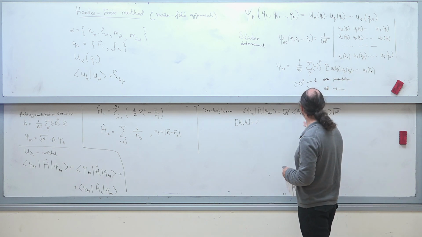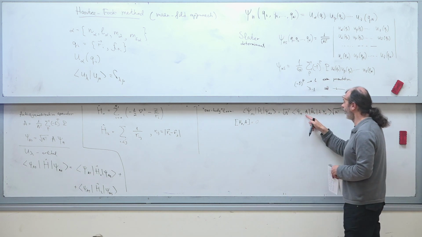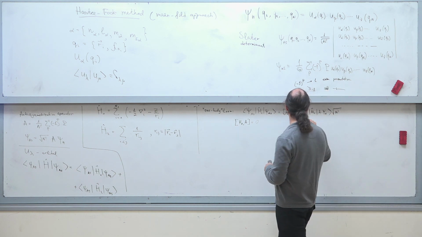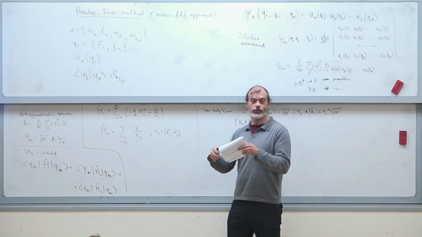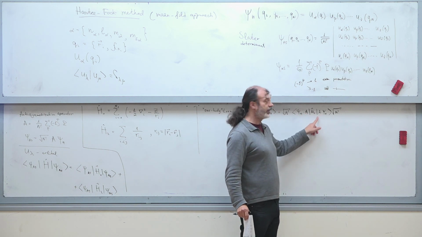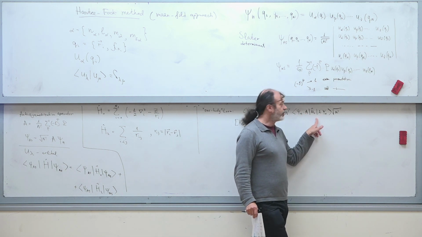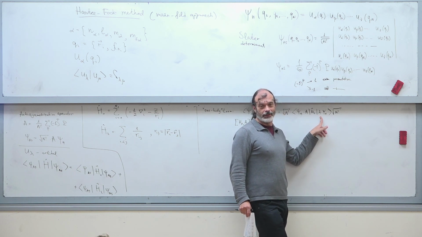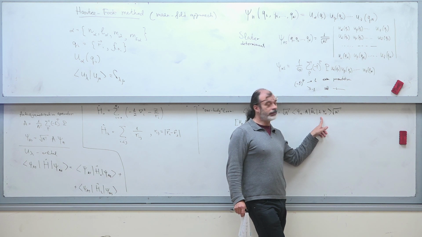So then in this story the A can go to the right of the Hamiltonian, and I have another A from here. So I have the operator A squared.